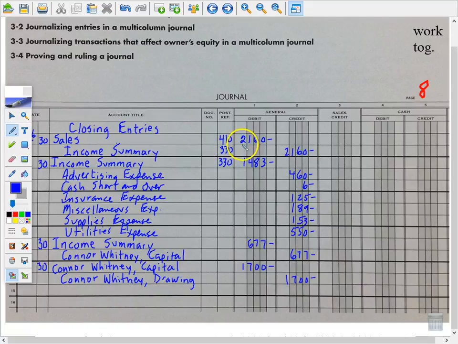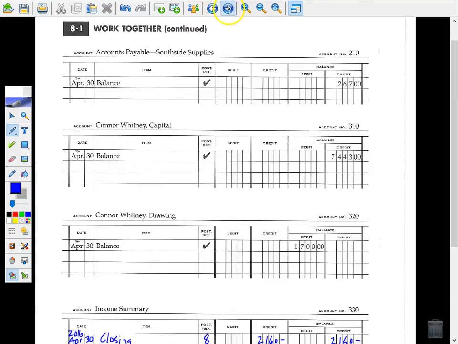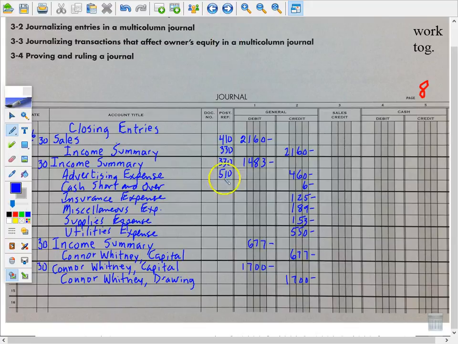Advertising expense was 510. All right, so you get the idea. Credit cash short and over. Zeroes out that account, and it's account number 520.